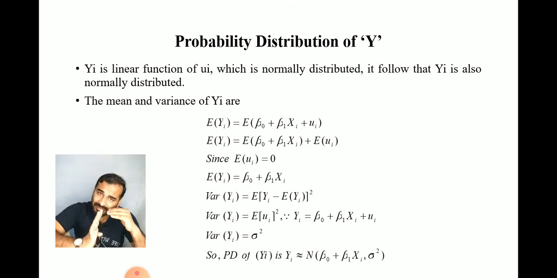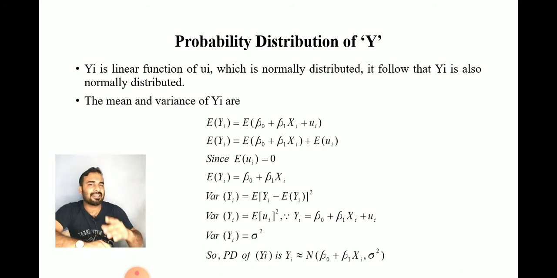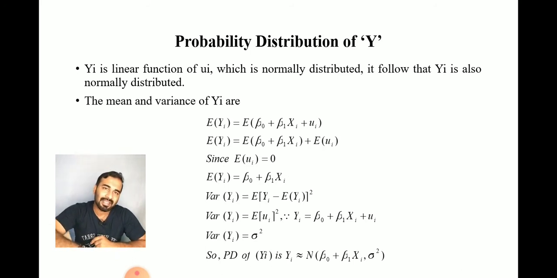As I told you before, this equation consists of both a deterministic part and a non-deterministic or stochastic part. u is the stochastic part and beta 0 plus beta 1 xi is the deterministic part. Since the expected value of ui, which we will see later, is always 0, what is left in our equation is expected yi equals expected beta 0 plus beta 1 x.